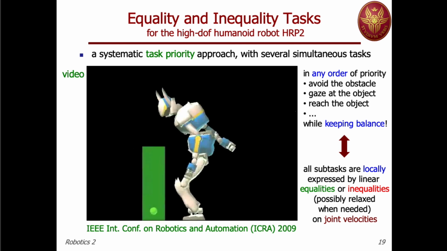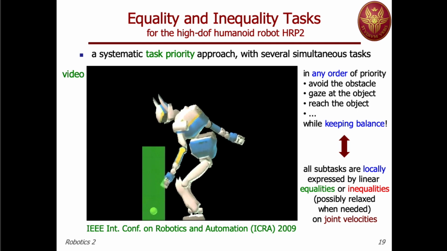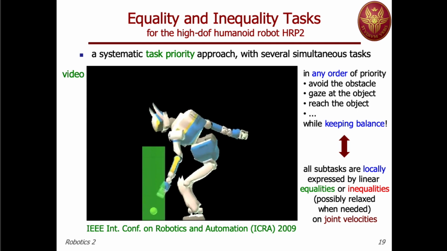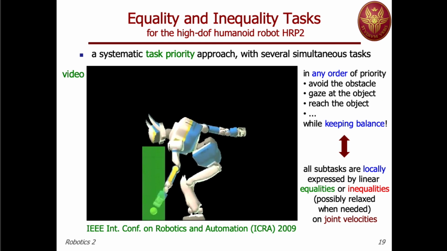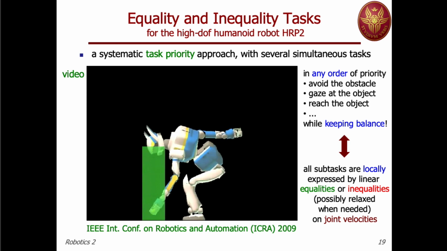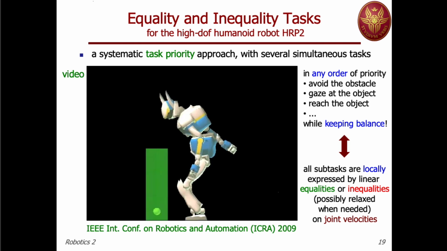Now, in this scenario, reaching is more important. And for the time being, you don't consider this green box. And the secondary task will be looking at the object, again, while keeping balance. And in this case, you can do all of them together. Now, reach, look, and avoid the green box are the three tasks in the priority order.